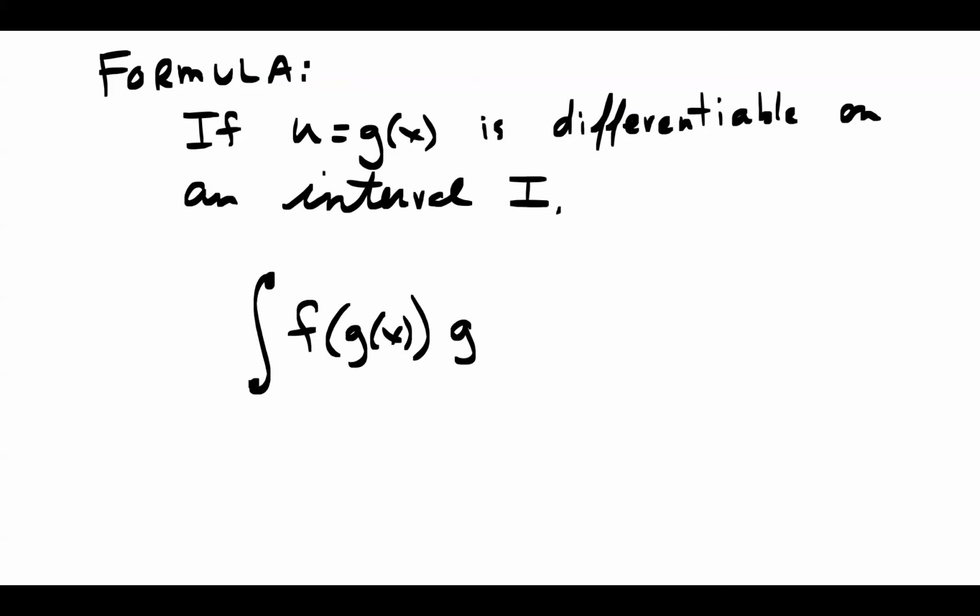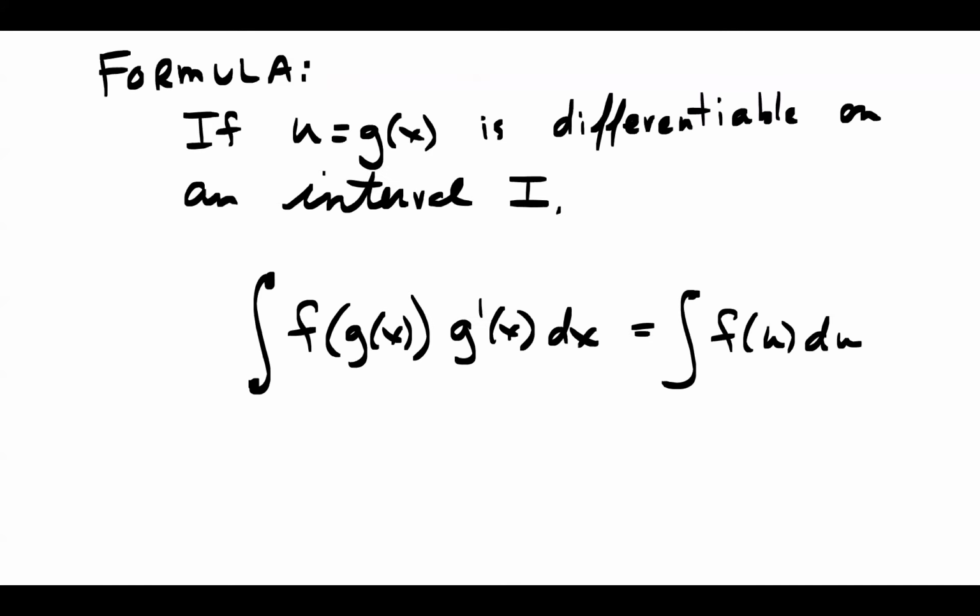It's a cool fact. According to the formula, this is what we're trying to undo right here. We are trying to undo a function. So if u is the same thing as g of x, and we know that is differentiable on some interval, we're trying to connect this g of x with its derivative somehow.